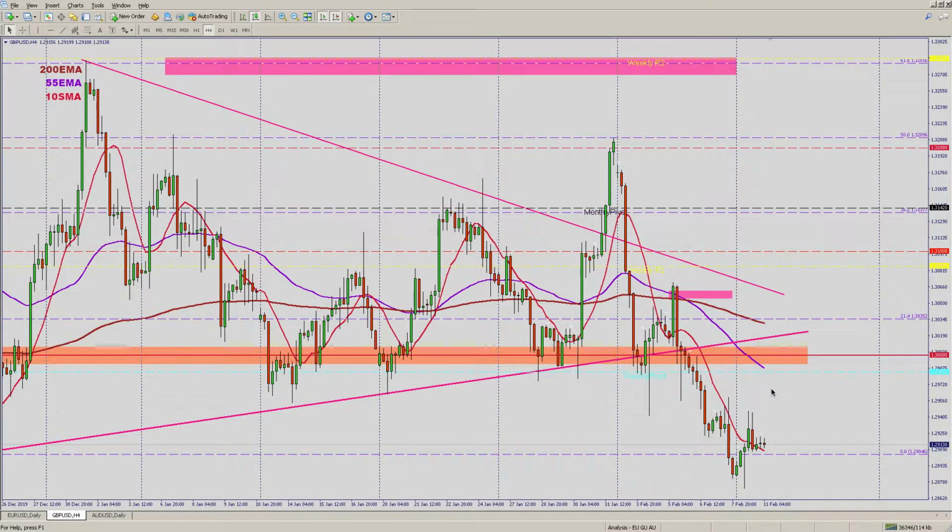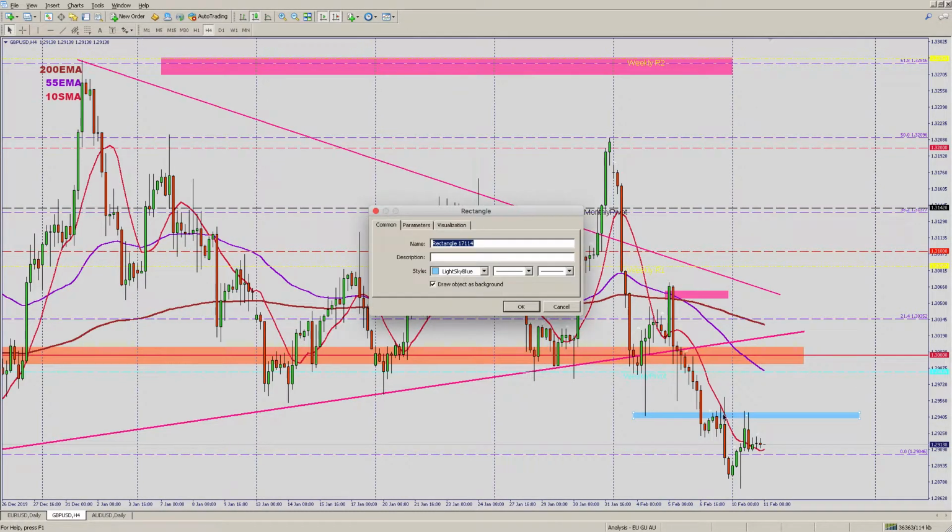So we'll see if it's able to reach the weekly pivot for the week at 129.84. This could be a key intermediate resistance zone here, with this swing low and a couple of rejections here.